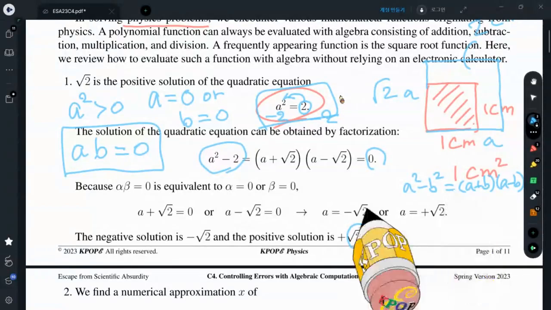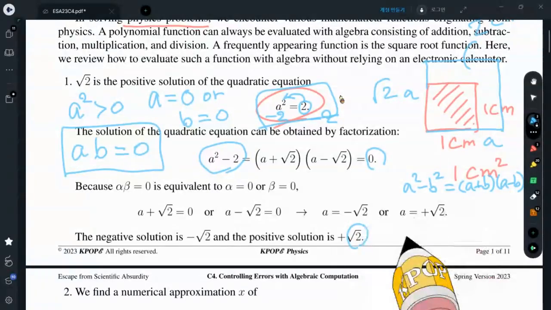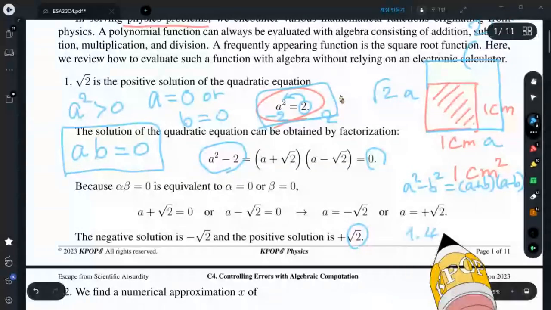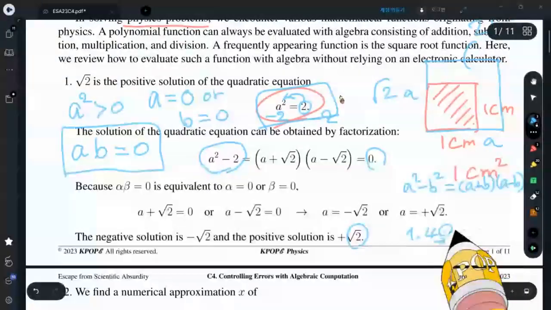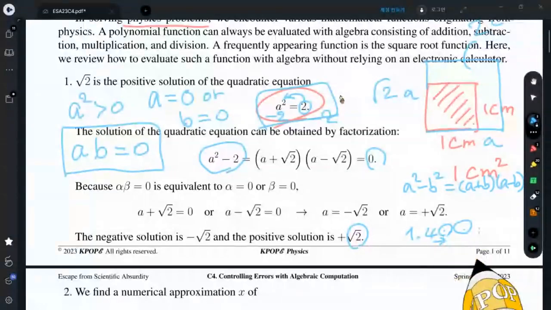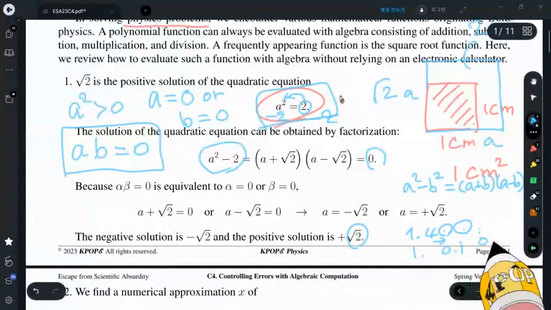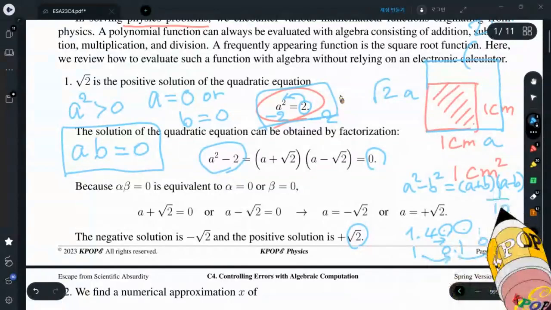That means if you use the digits, 1.4 something, then if you increase the number of digits, you increase the accuracy. For example, 1 and 0.1 and 0.01, it decreases by a factor of 1/10.